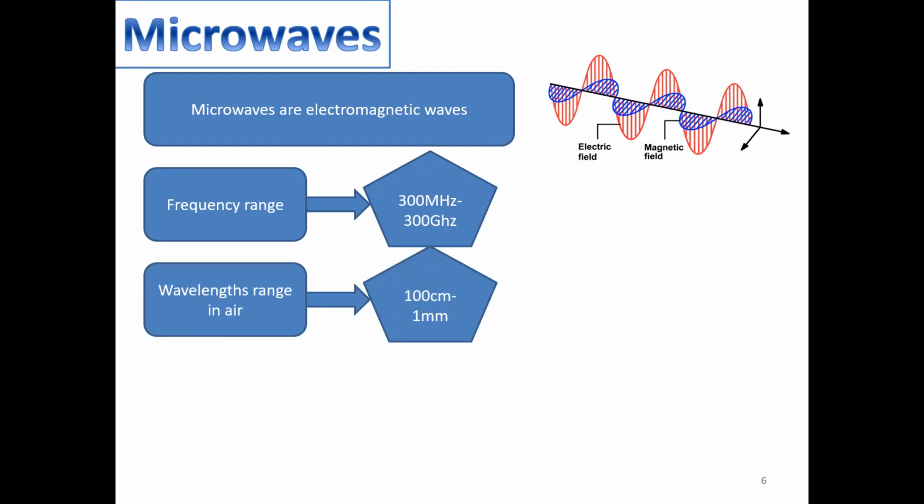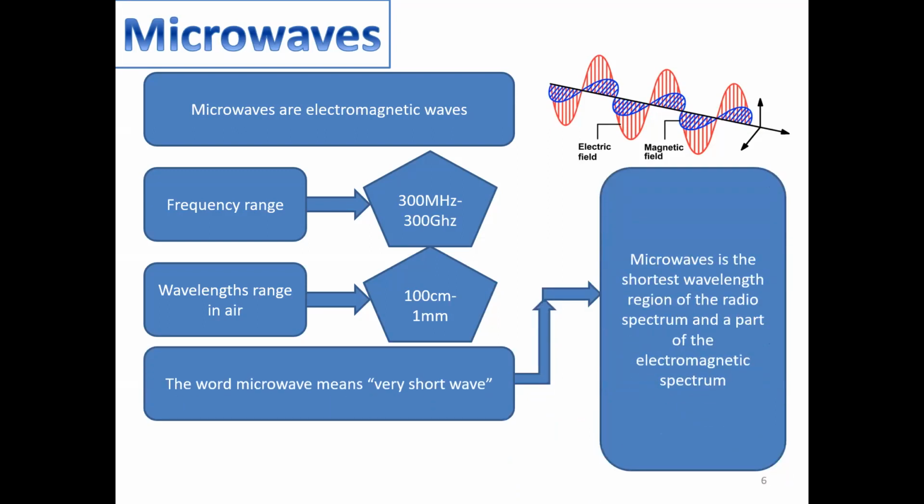The wavelength range in air is 100 centimeter to 1 millimeter.